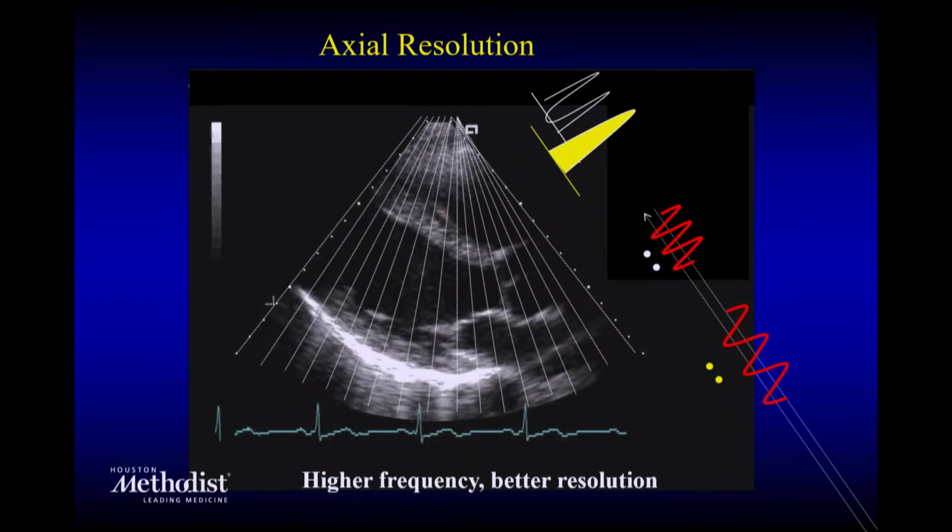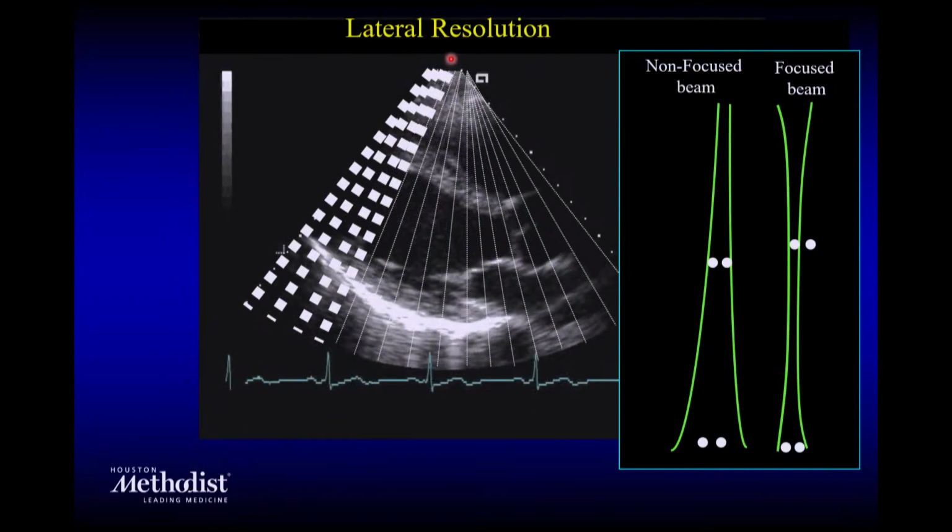Okay? Now, how about lateral resolution? We talked a little bit as to if you're further away from the transducer, these beams, although they can be focused electronically, they're going to be quite wide further down. And lateral resolution, instead of these two dots being stacked one on top of each other, they're side by side.